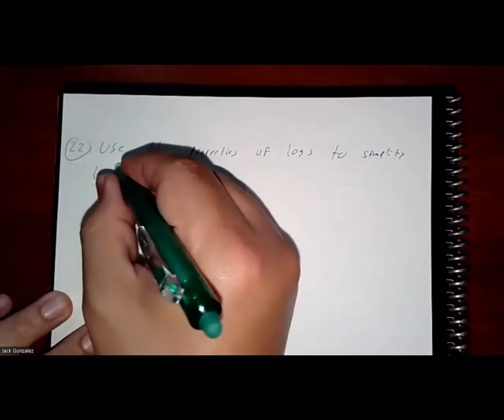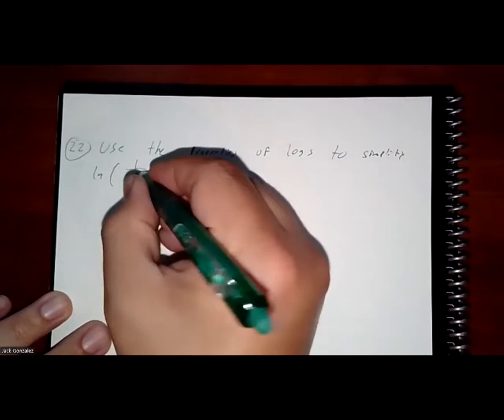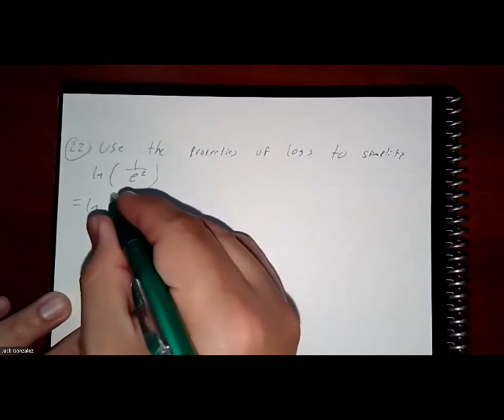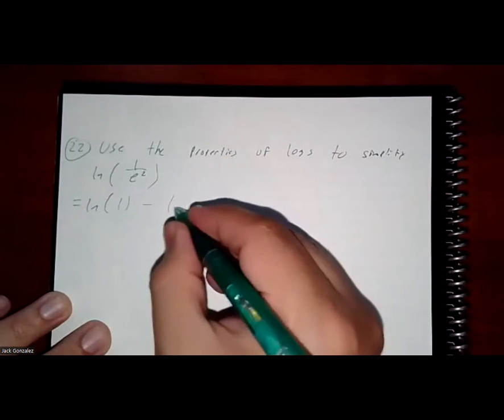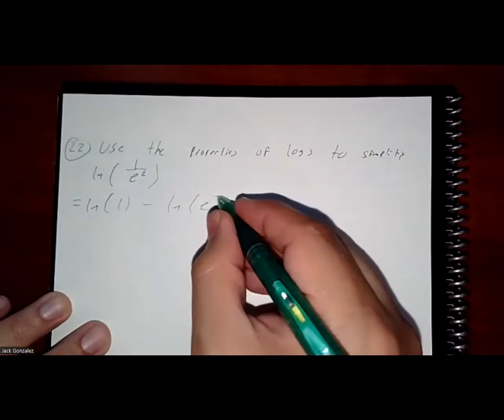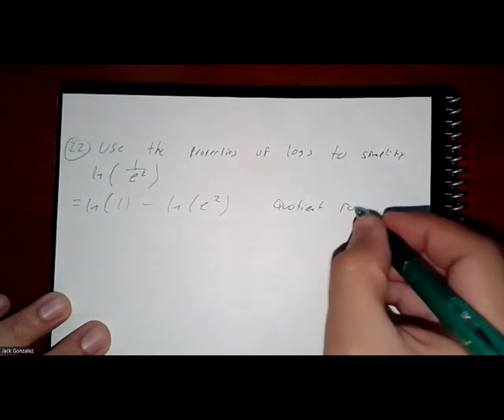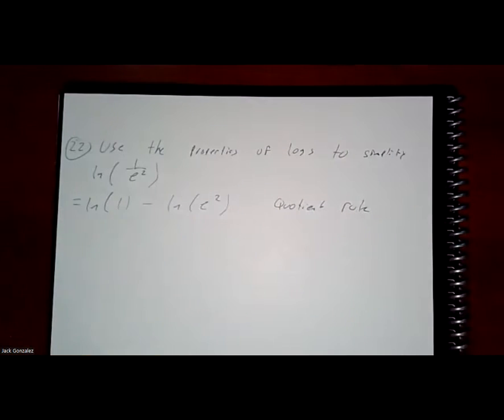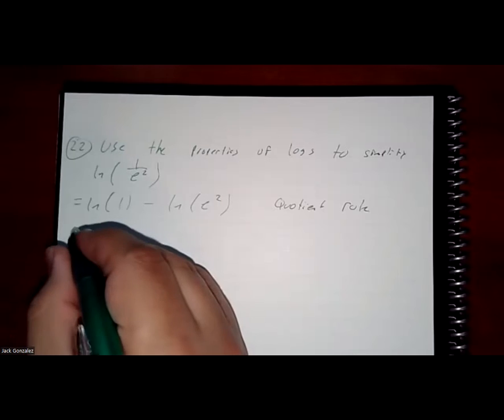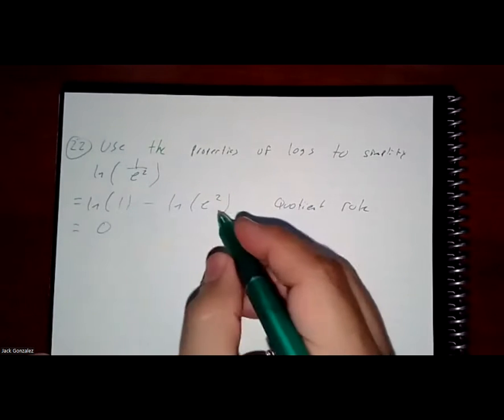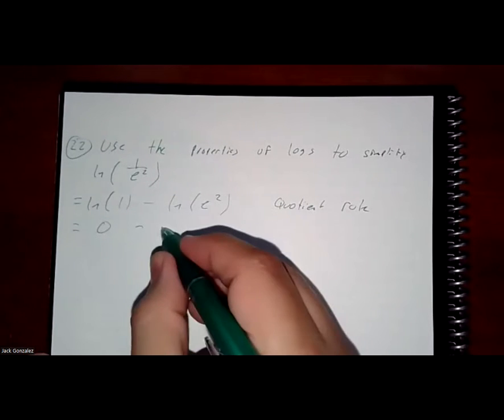So ln of 1 over e squared. First step, use the quotient rule right here. Ln of 1 is going to be 0. Ln of this would be 2.